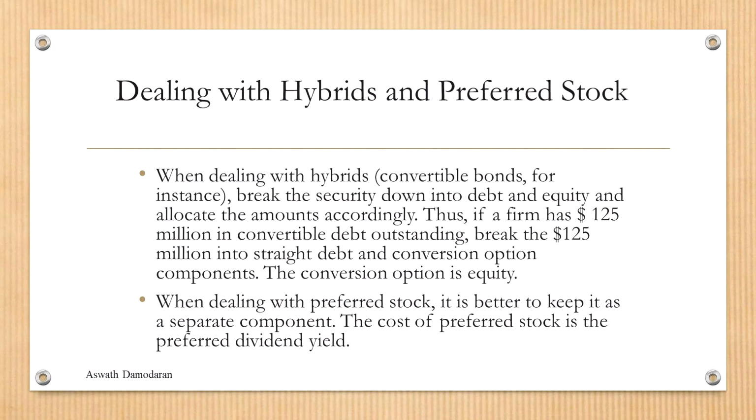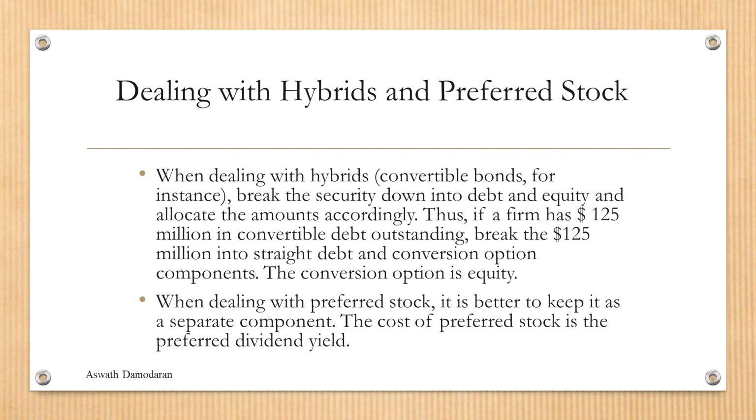Now, we have a little bit more additional stuff to deal with. That is hybrid and preferred stock. Hybrid could be convertible bonds that a company issues. It looks like a bond, but actually, a convertible bond can be viewed as a hybrid of stock and bond, or equity and debt.